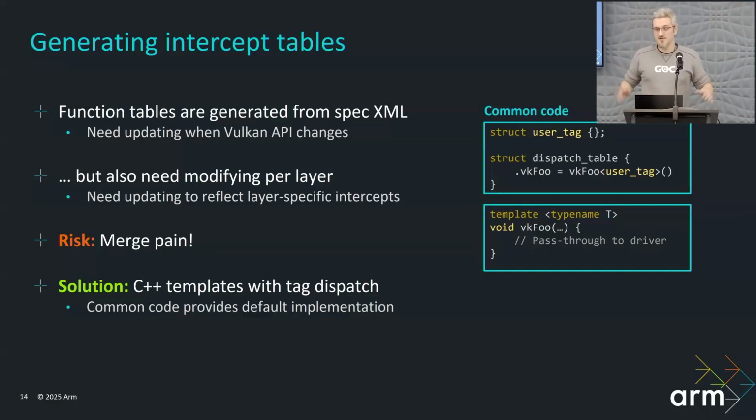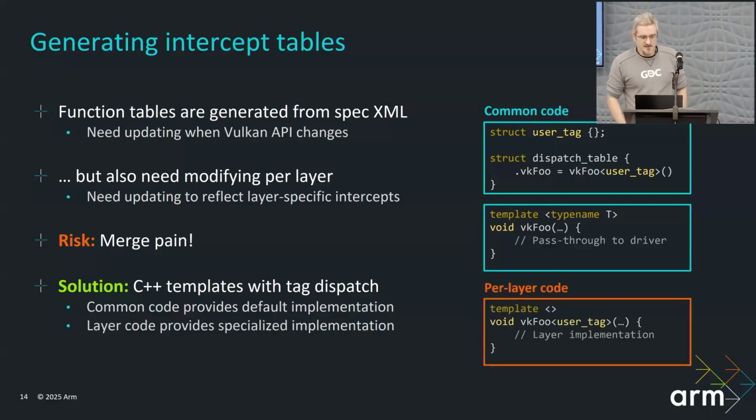So it's a no-op, other than the fact it has a bit of tracing in for that initial triage of which functions it is using, but it doesn't do anything itself. And then in the per layer code, you just provide the specializations for the small number of functions you actually want to do, and then you just let the linker do the heavy lifting for you. So we resolve the structure at link time, not at compile time. That's as complex as our C++ gets, right?